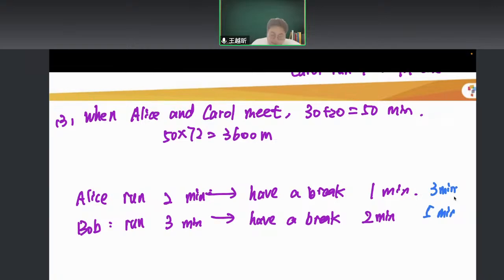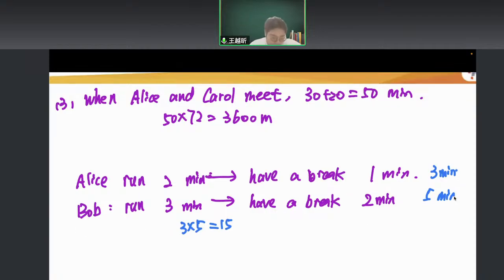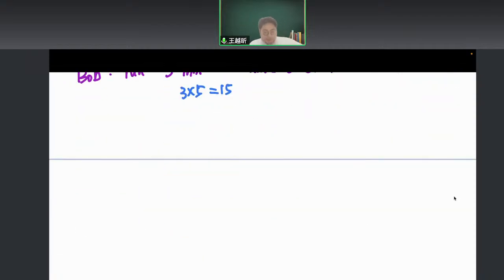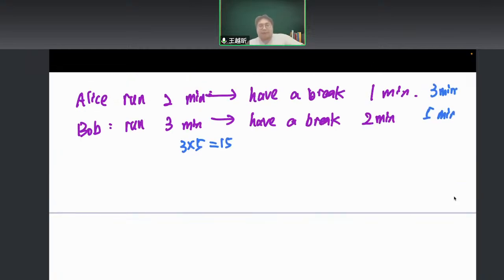So actually 3 times 5 equals to 15, which means after 15 minutes they will meet. So now let's look at that. I can write down a table for Alice and Bob. So this one is time. This one is Alice's distance. And this one is Bob's distance.